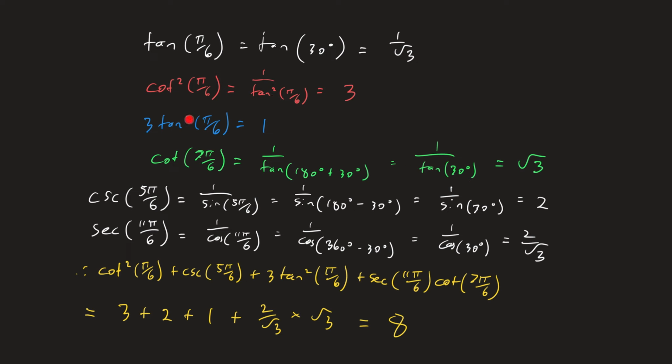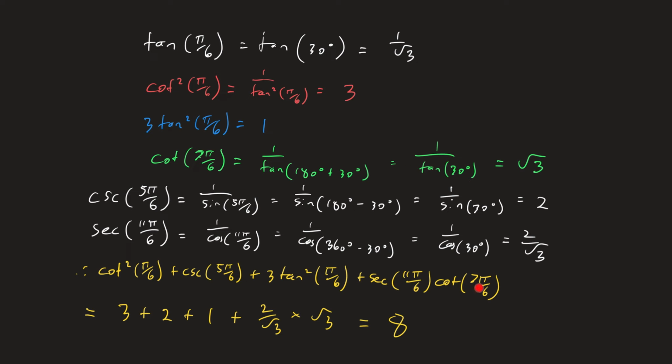For 3 tan squared pi on 6, we know that tan of pi on 6 is 1 on square root of 3. When we square it, we get 1/3. When we multiply it by 3, we get 1. So this means that we've computed the first term here, and the 3 tan squared term, we've computed the third term down here.